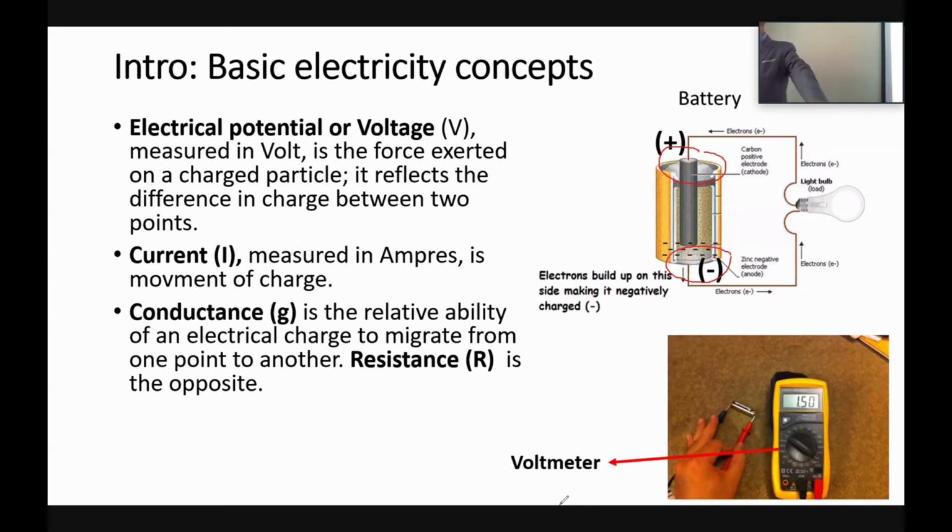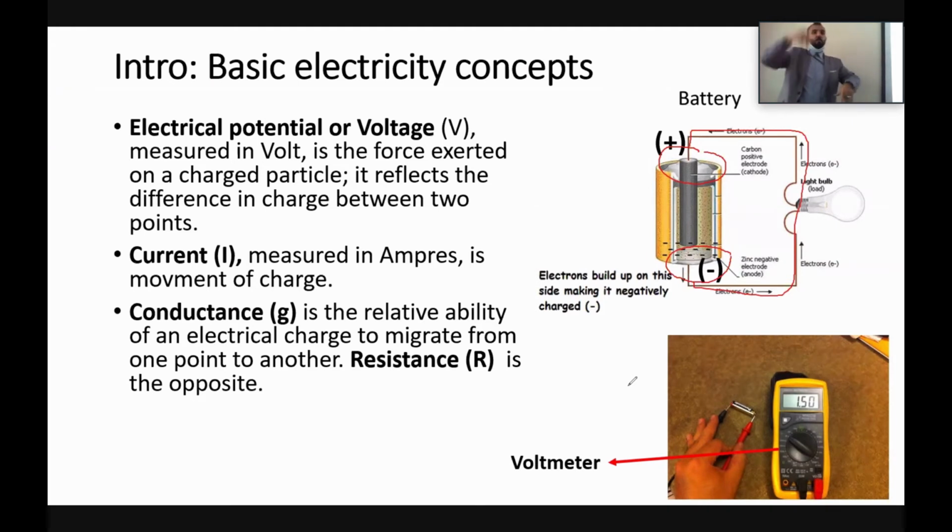So if we connect the negative end with the positive end by connecting a wire here, okay, which is conductive, what's going to happen is that these electrons, because they are negative, are attracted to go to the positive end, isn't it?